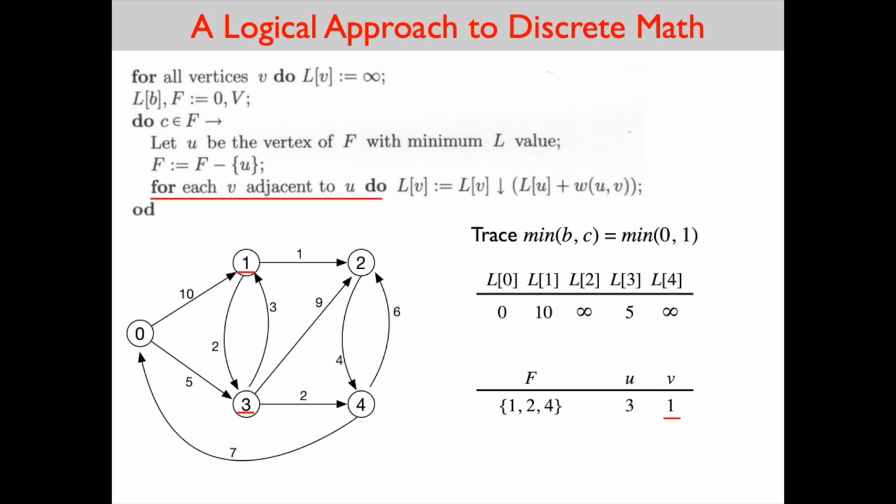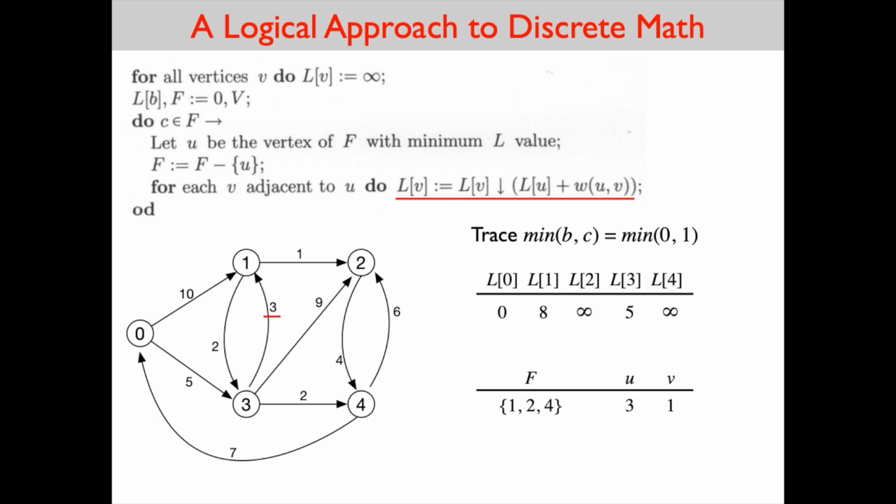Well, the cost of the edge between 3 and 1 is 3. So 5 plus 3 is 8. So it's the minimum of 10 and 8. And consequently, L sub 1 is going to get 8. So it will no longer be 10, but instead it will be 8 as shown in this slide. Are you with me, sports fans?